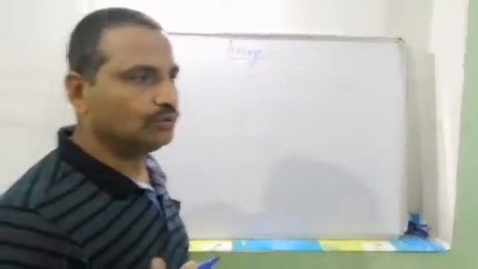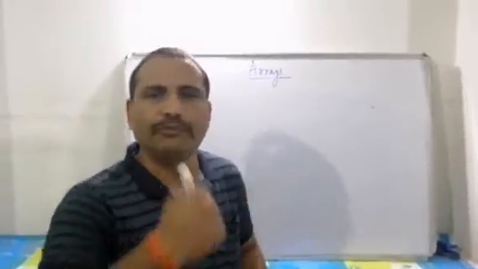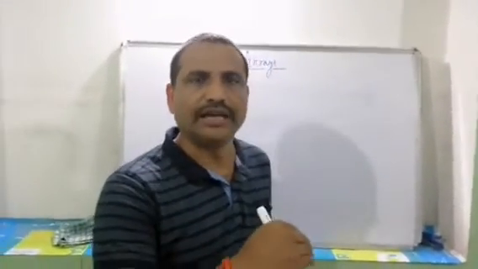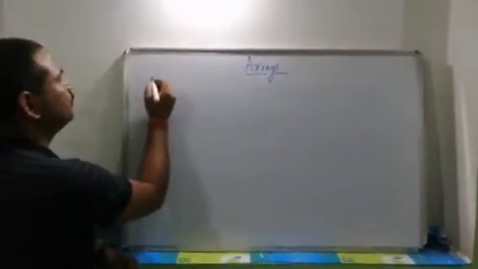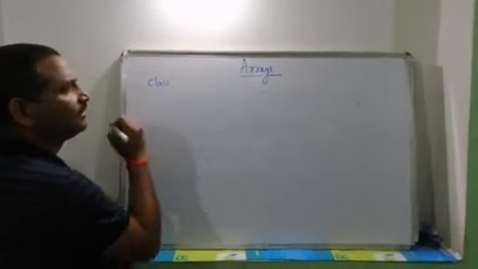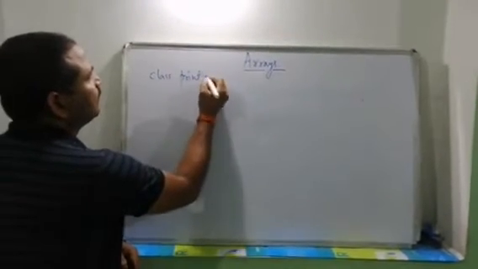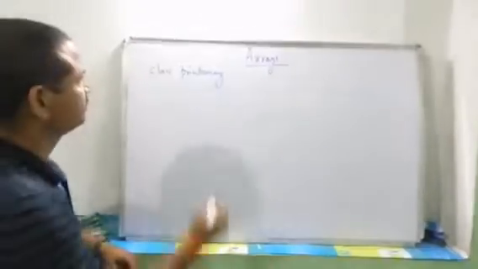Assume that we have to make a program to store 5 values in an integer array variable, and the same values we have to print. So this is a small program to store the values in the array and to print the same values. For that we have to make a class, any name, PrintArray. This is the name of the class.